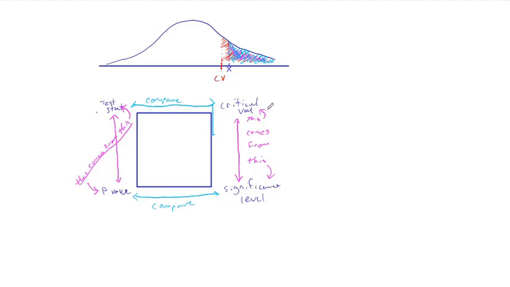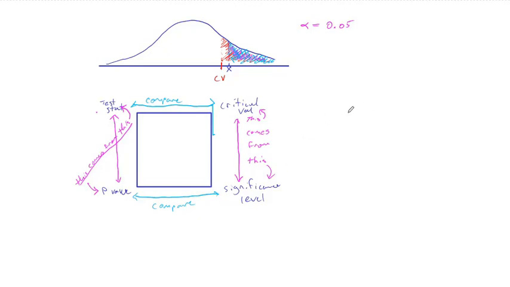So we look that up on the table, or we can use a spreadsheet with the normal distribution or the t-distribution function, and that'll give us our p-value, our area into the tail. Then the p-value method we compare to the significance level. That's usually given to us in the problem, and it's usually something like alpha equals 0.05, the most common one, but it could be 0.01 or 0.1.